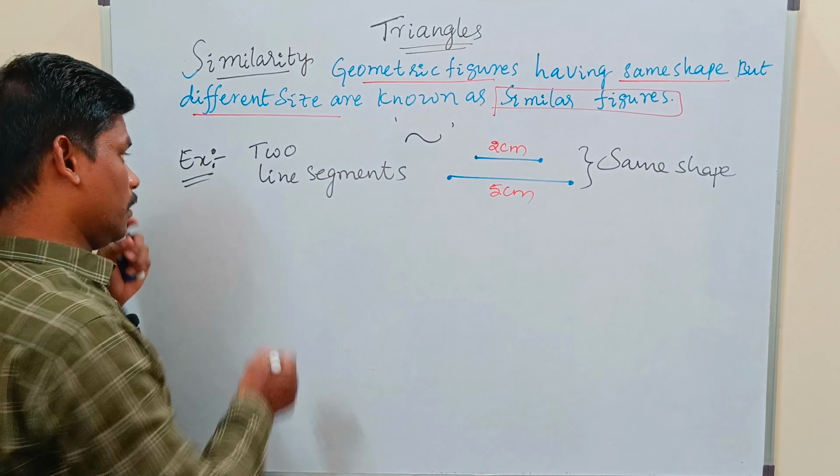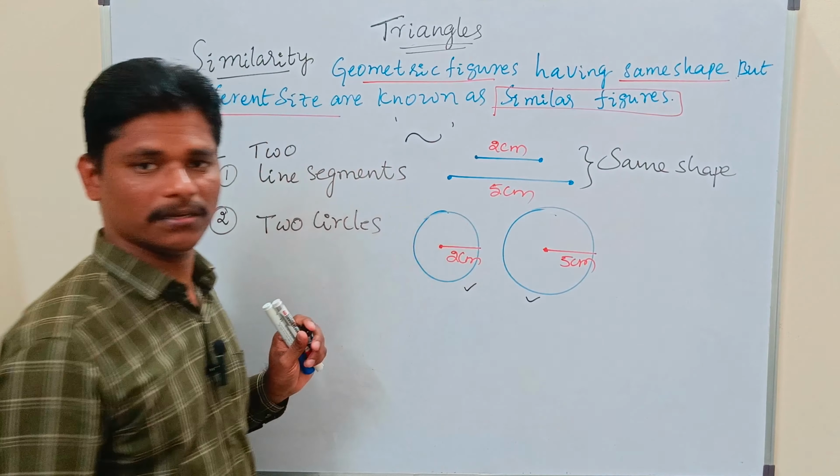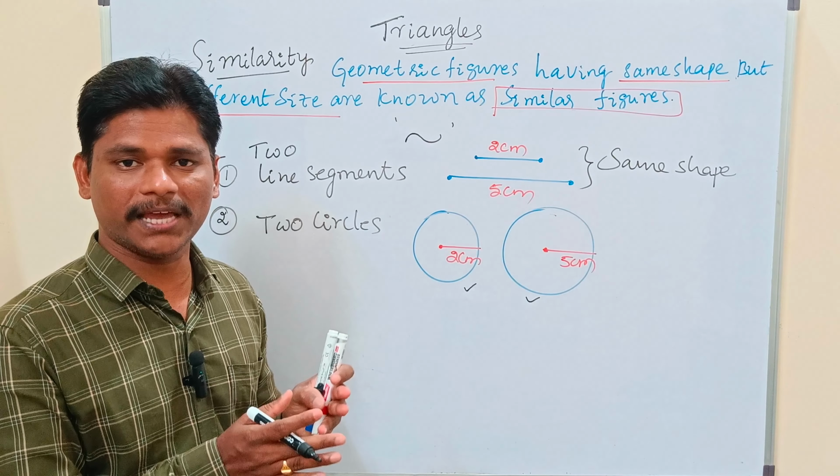Take one more example: two circles. Suppose this is one circle and this is another circle. Suppose the radius of one is 2 centimeters and the other is 5 centimeters. Observe here, the shapes of these two circles are the same, but the sizes are different. Here the radius is 2 centimeters, here the radius is 5 centimeters.